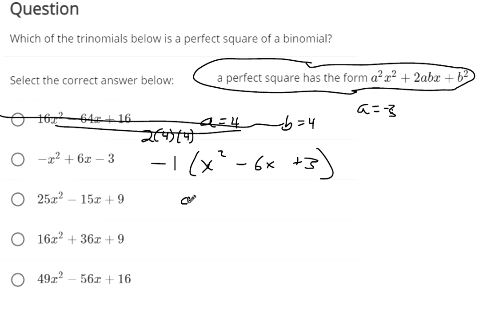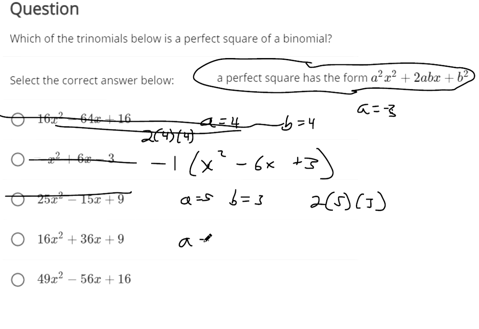This next one, same thing. Take a square root of the first number and a square root of the last number, and see if those can make this make 15 when we plug it into the middle part of the formula. 2 times 5 times 3, that makes 30. So no way for that to happen. This one's out. A would have to be 5, maybe positive, maybe negative.